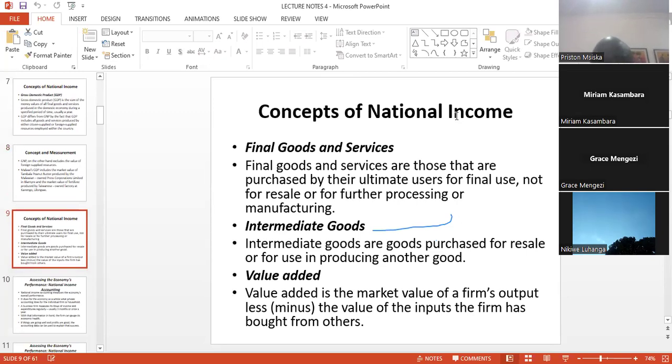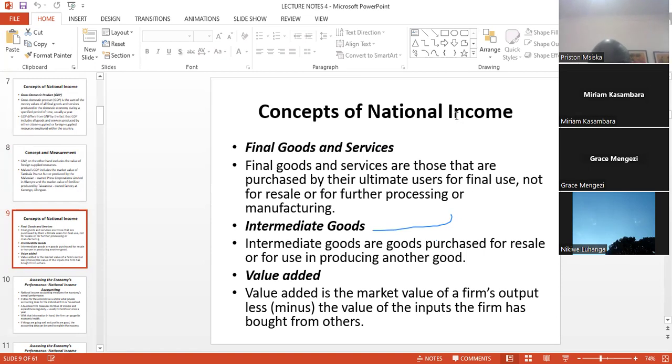Now, one important aspect of this is that GDP is the market value of final products. We don't want to count things twice. So for example, if we are looking at how much bread Malawi has produced, we cannot at the same time be saying how much wheat Malawi has produced, how much wheat flour or bread flour Malawi has produced.